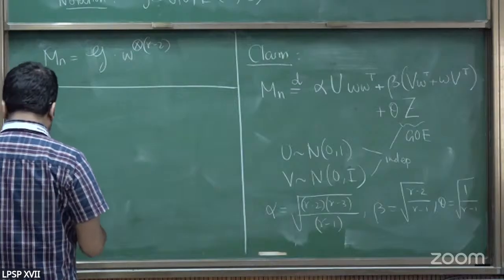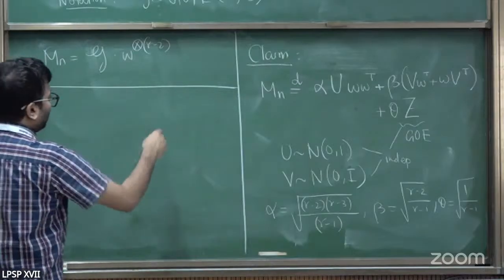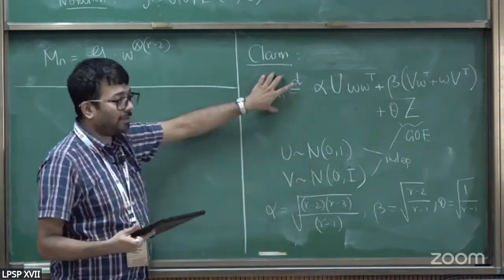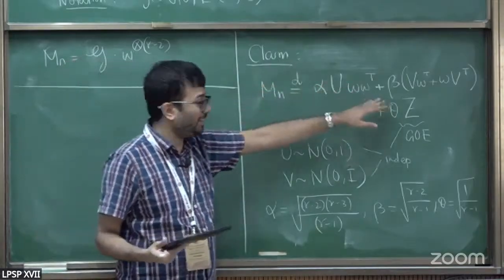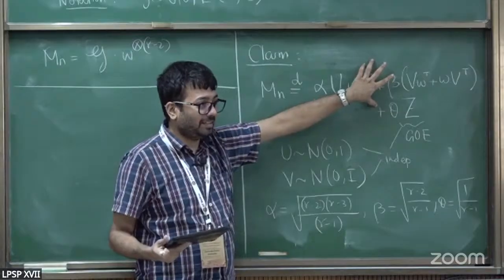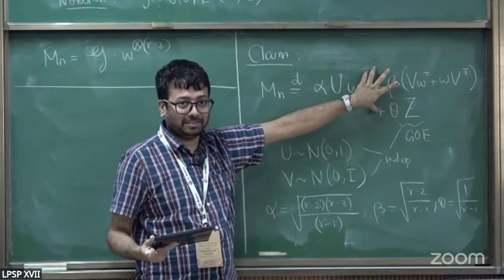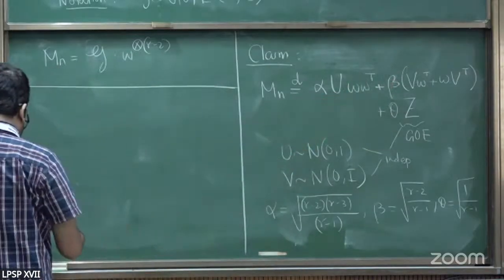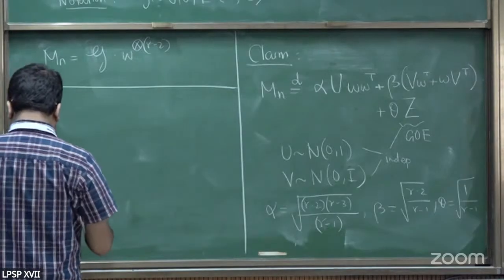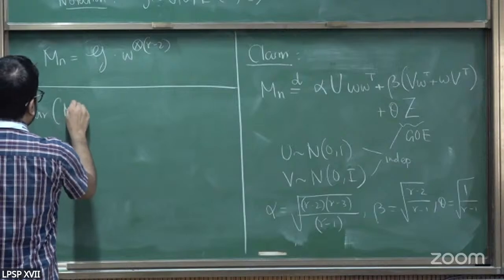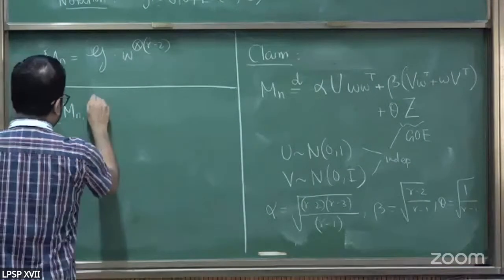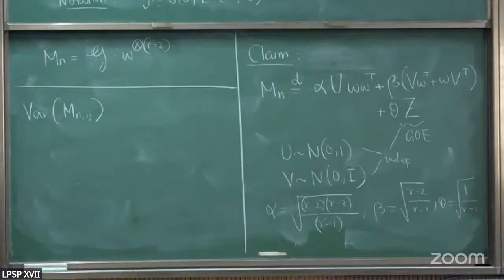Basically, you have to compute the covariances of any two entries of this and check that they match the covariance you get out of this ansatz. Let me do one variance calculation, which is quite cute. Let's compute the variance of Mn_ij.